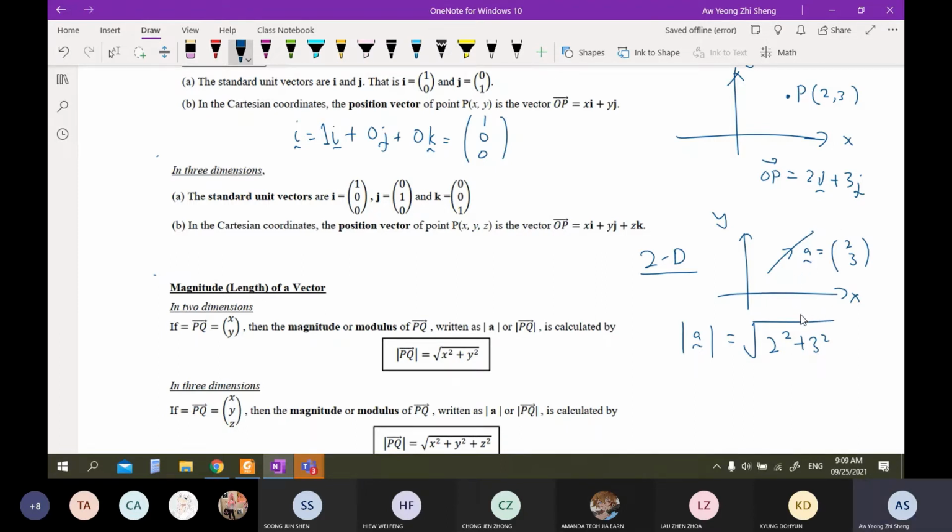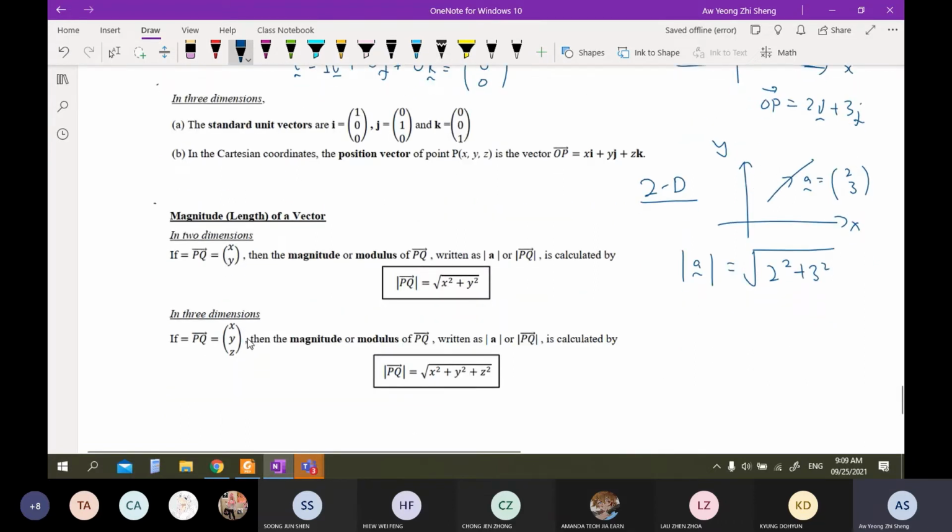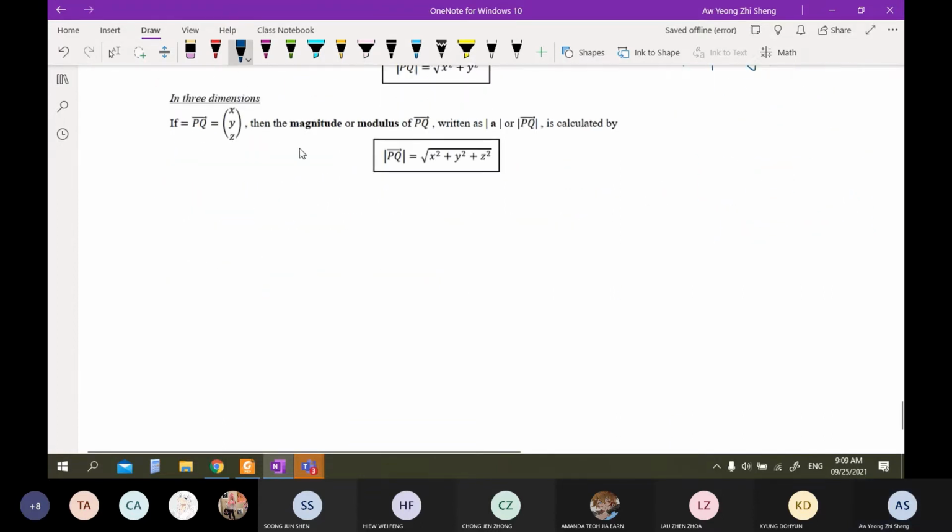One good news is for 3D, Pythagoras theorem will still apply here, but it's just an extension of it. You just take the x, y, z components, or the coefficients of i, j, and k, square them separately, add all of them up, and take the square root. That will give you the length in 3 dimensions.